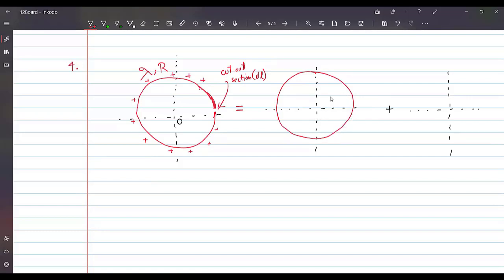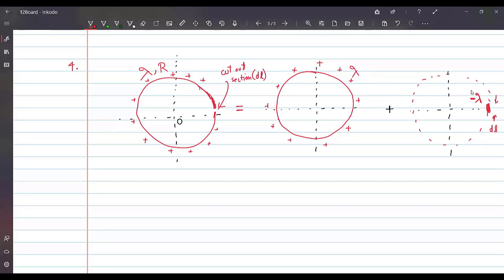If I have this ring with no cutout section, I know the electric field due to this. Instead of the full circle, what I will have here is an element of length, call it dl, but the charge over it is minus lambda. Charge per unit length is minus lambda.